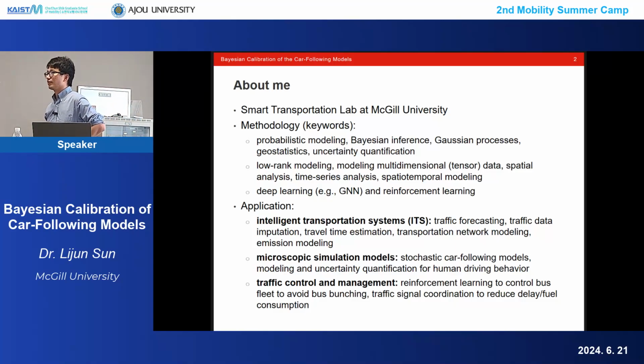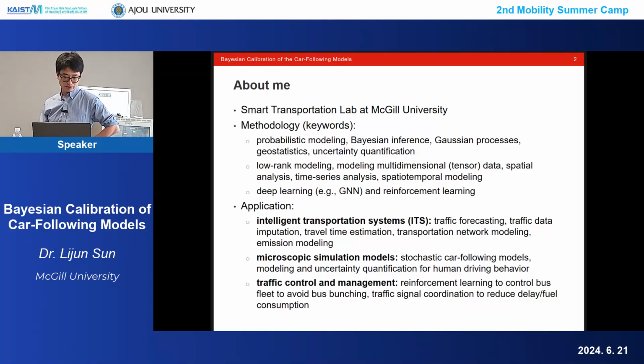The same applies to traffic data analysis, for example traffic data imputation, travel time estimation, travel time prediction, transportation network modeling, and emission modeling. The other aspect is probabilistic modeling, for example the topic I'm going to cover today in the first session, which is how to do stochastic traffic simulation.